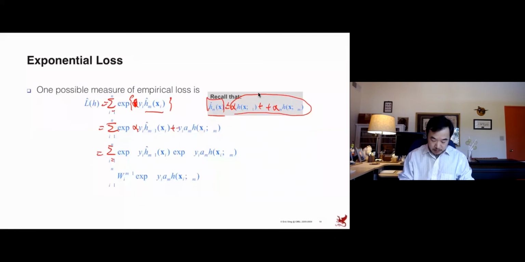I'm going to take out h of m-1, basically the hypothesis from the previous iteration, which was made up of m-1 decision stumps. Obviously you can see from here, this basically is like chopping off a part that is just ahead of the last decision stump.